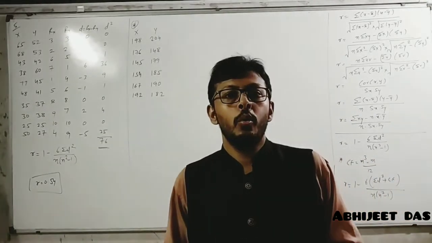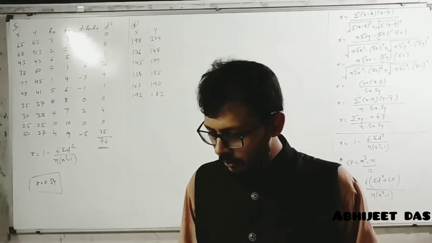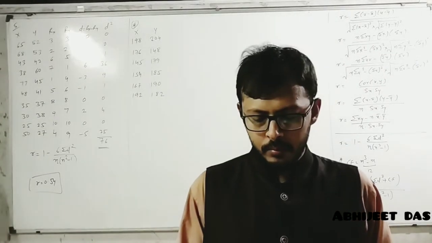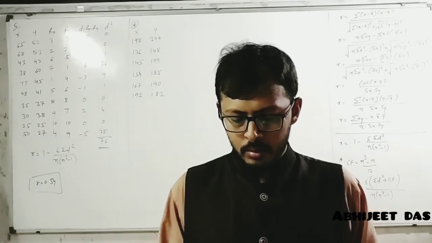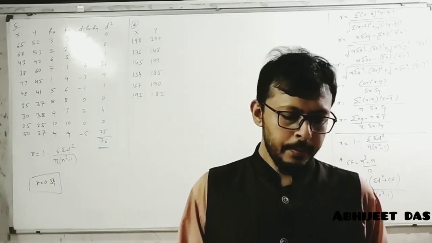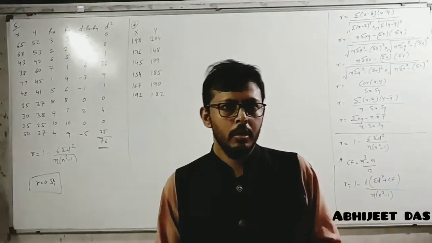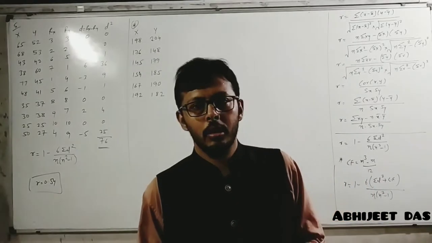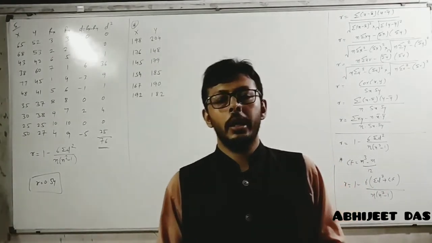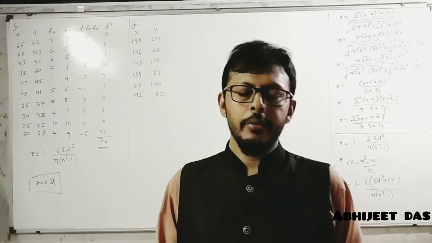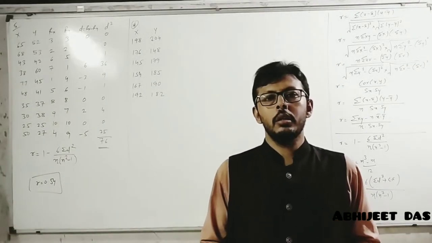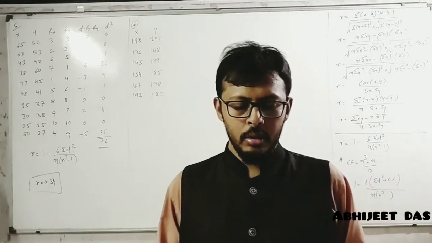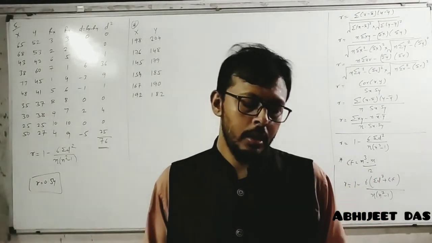Write down one more sum. Find rank correlation from the following information. X is given 10, 14, sorry, again 10, 11, 14, 16, 13, 18, 11, 13.